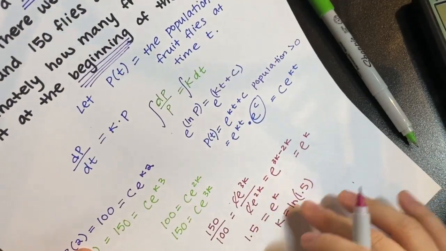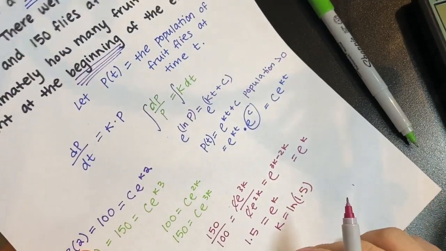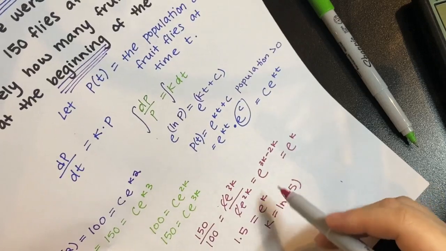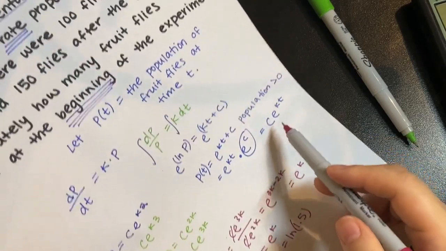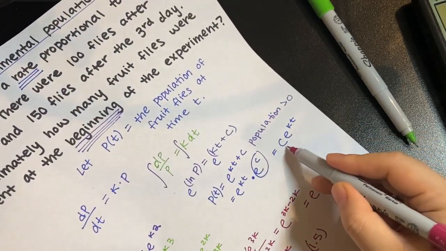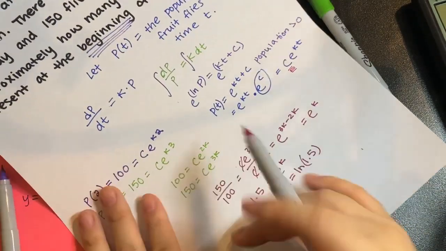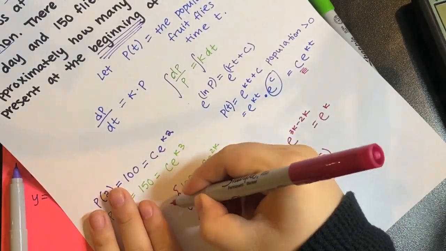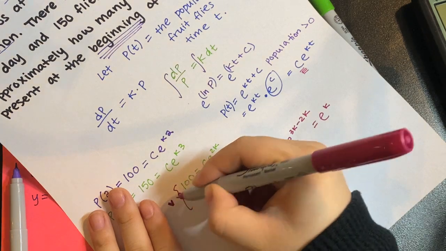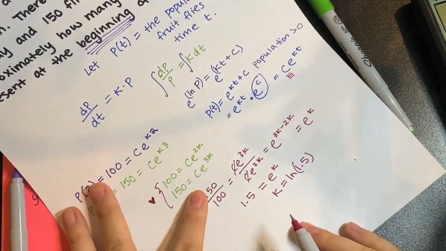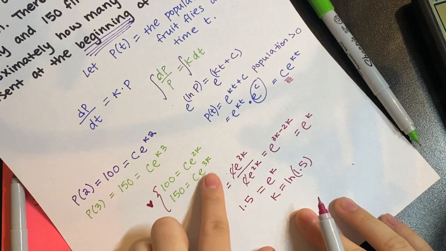But let's remind ourselves what we're actually looking for. We are looking for not k, we are looking for c, the initial value. So if we just look at these two formulas here, which is what we're trying to focus on and solve, we have k and c.